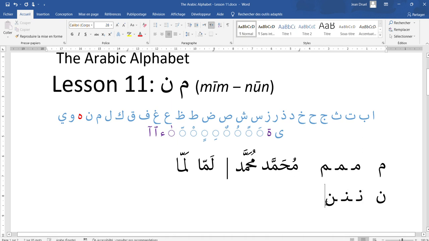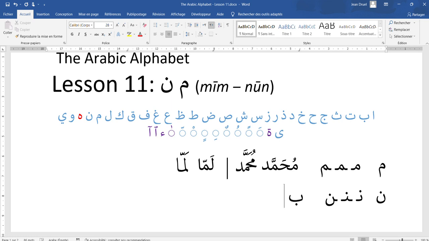The isolated form is very different, and in the final form you have the tail here, but there is a lot of confusion that can happen between the ba, the ta, the tha. We saw already the ya, and now we have the noon, and that's the last one.